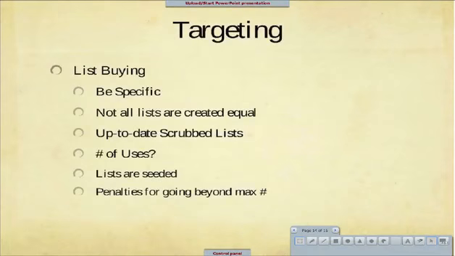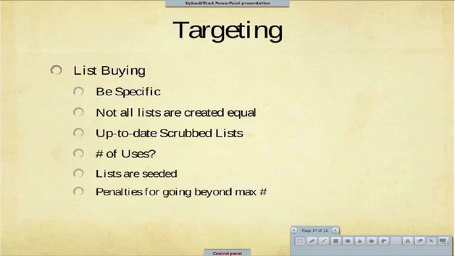When you're buying a list from a company, it's very, very important to be specific. You absolutely want to know what your criteria is and why you're choosing that criteria, because there are hundreds or thousands of pieces of information that you can buy, and they can get very expensive.